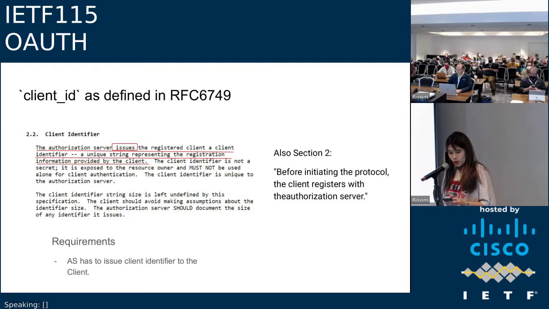If you look at section 2.2 in RFC 6749, it clearly says it is the authorization server who issues the client ID. And if you go back to section 2, it says the client has to register with the authorization server before initiating the protocol. So there are two requirements that are probably not always followed in some of the deployments we are seeing.